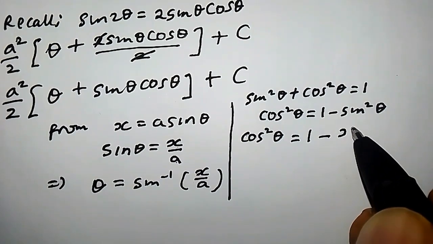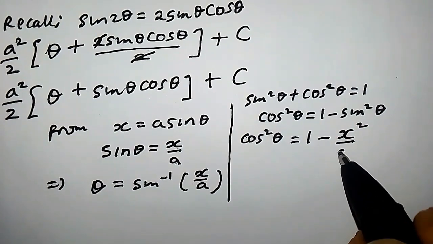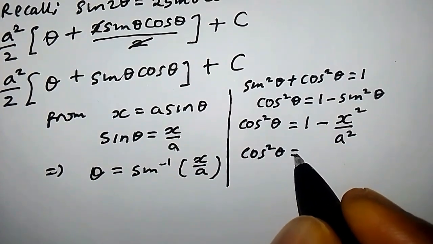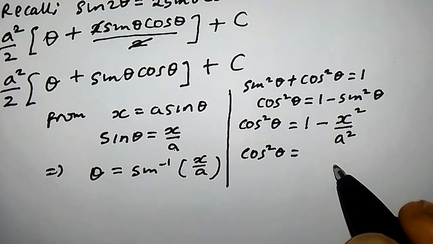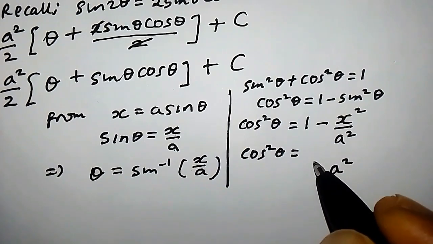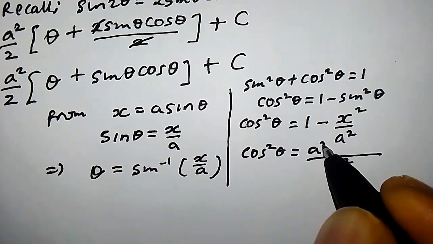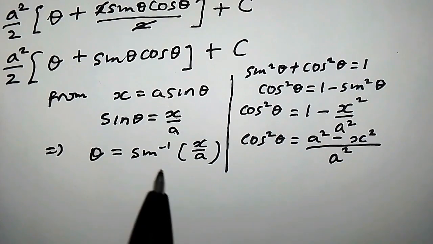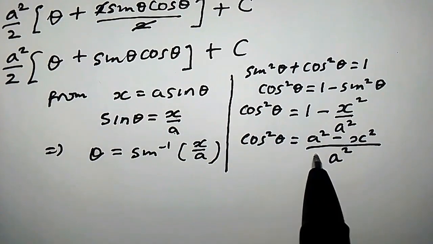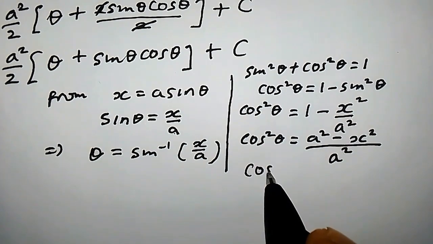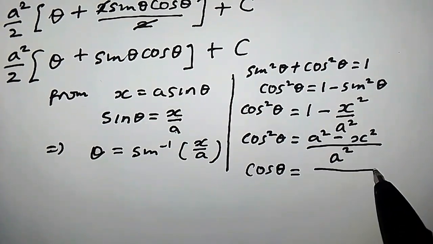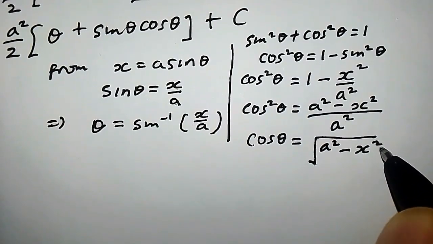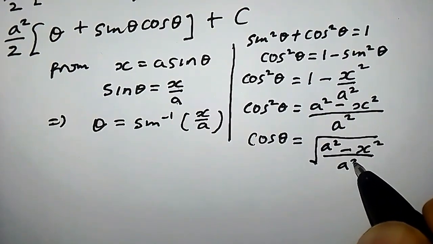So that will be x squared over a squared. Cos squared theta is equal to, the LCM here is a squared, so that will be a squared minus x squared over a squared. But we need what? We need cos theta. Taking square root of both sides, cos theta is equal to square root of a squared minus x squared, divided by a squared.